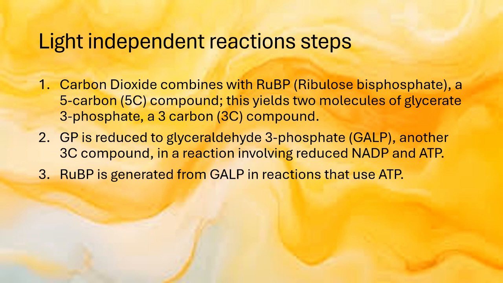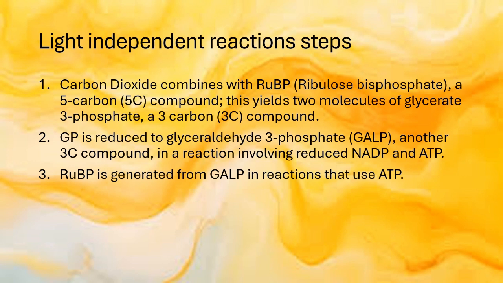So the GP is reduced to glyceraldehyde 3-phosphate, which is short for GALP, another 3-carbon compound, in a reaction involving reduced NADP and ATP. So once again, do keep an eye out for these names because a lot of the compounds mentioned in these processes are known by different names by different boards.